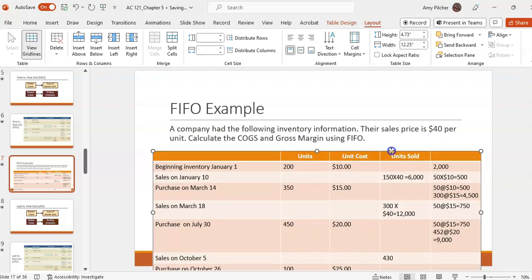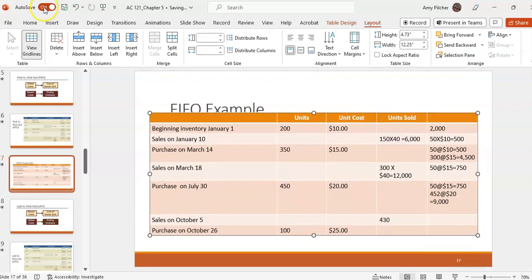Then we sell 430. So 430 times 40 equals $17,200.